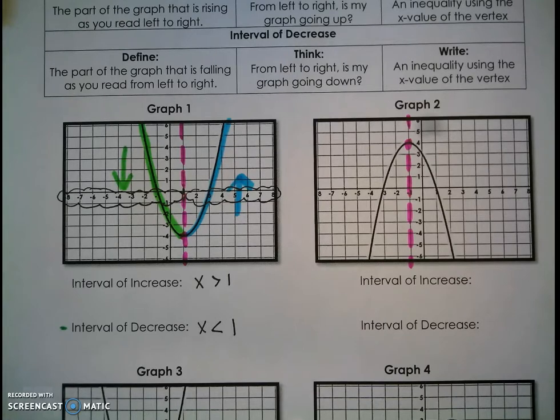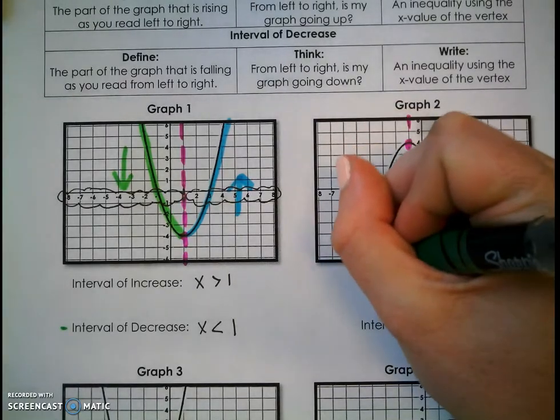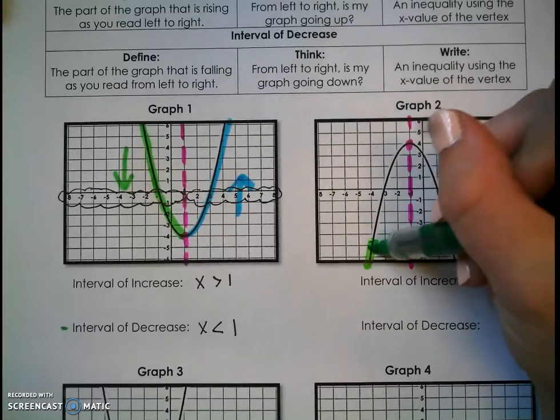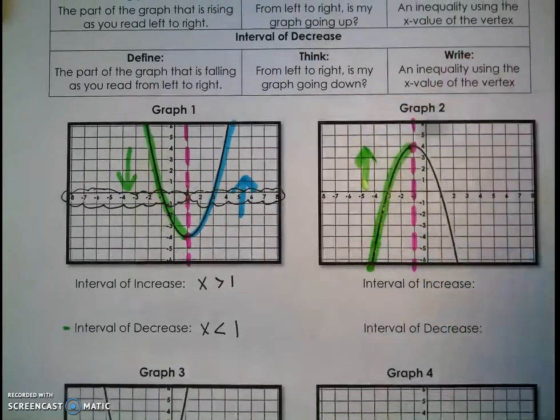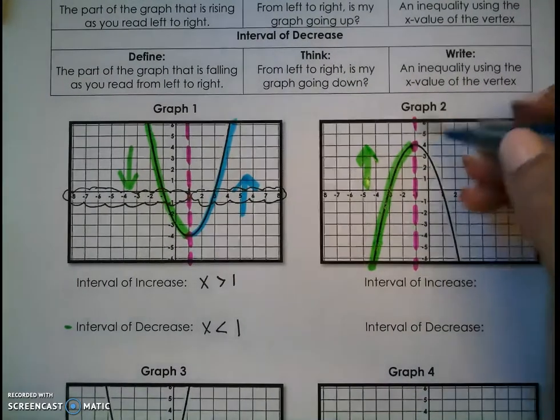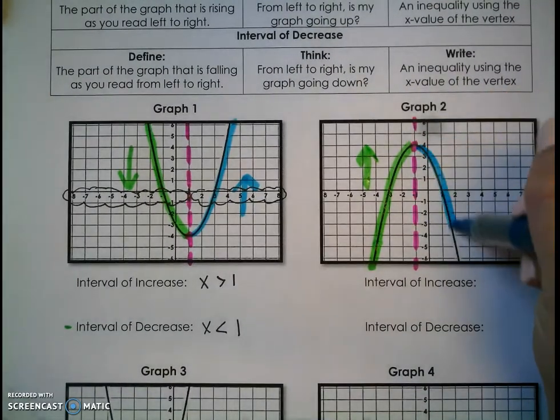Same thing on graph 2. Start at the left. This time, my graph is increasing first. It's going up. Then it's going down.